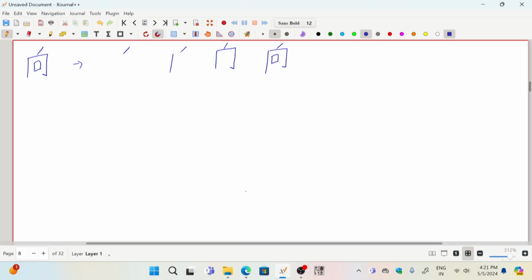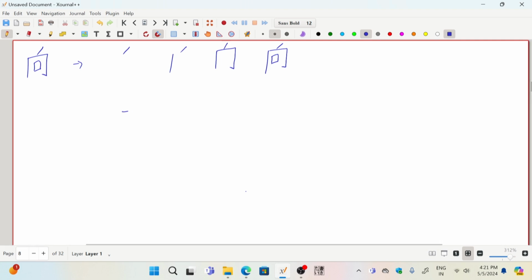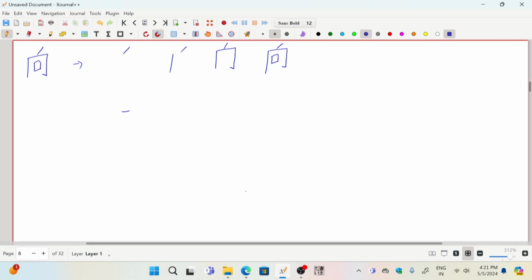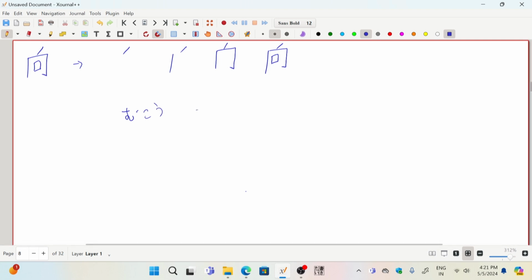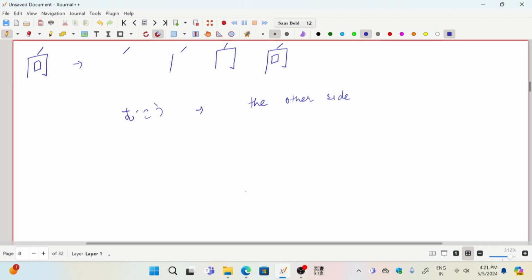So this kanji is the kanji of muko. Muko means the other side. Other side. Or the verb is mukimasu or mukemasu, transitive and intransitive.